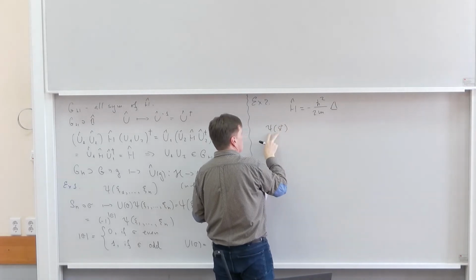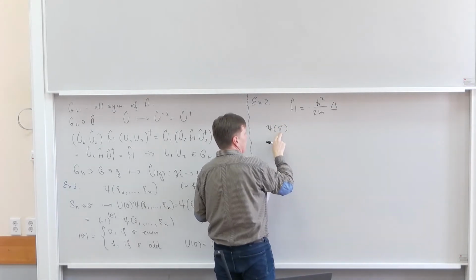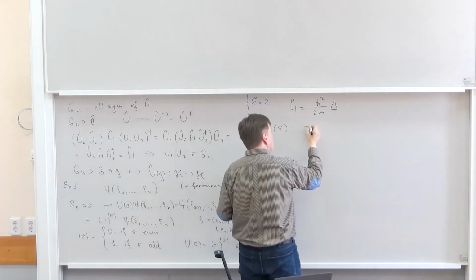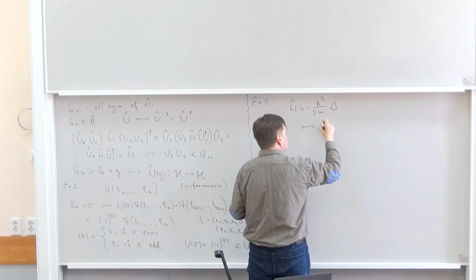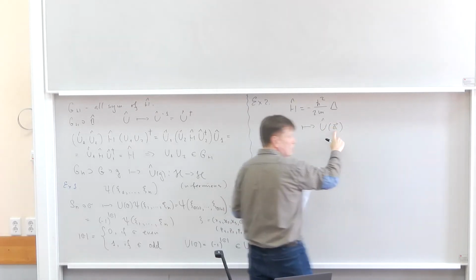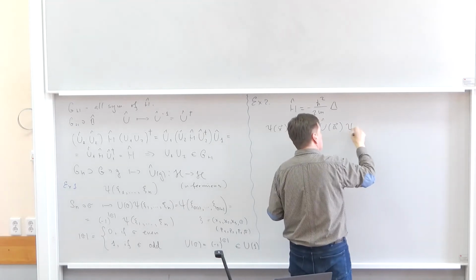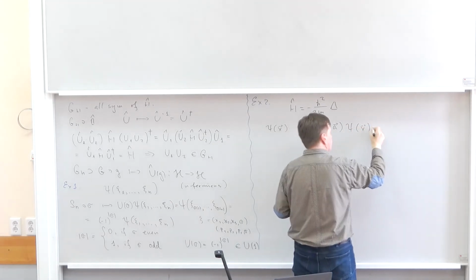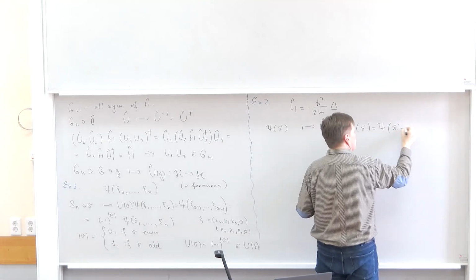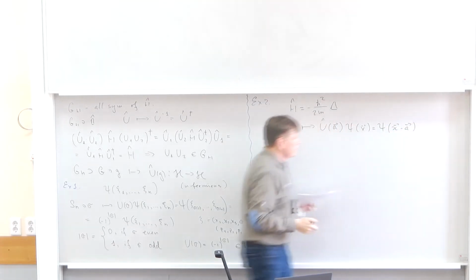We start with the wave function psi of x, where x are Cartesian coordinates in free space. Then we define a new wave function, where a is a displacement vector, given by psi of x minus a.